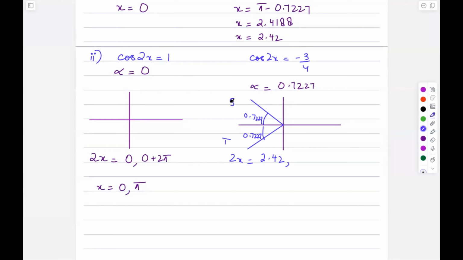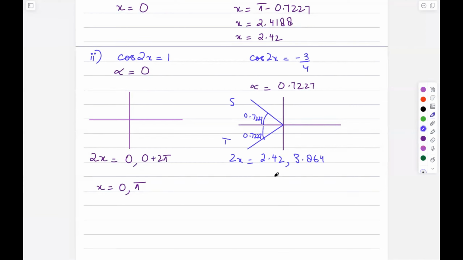So adding pi to 0.7227, that is equal to 3.864.